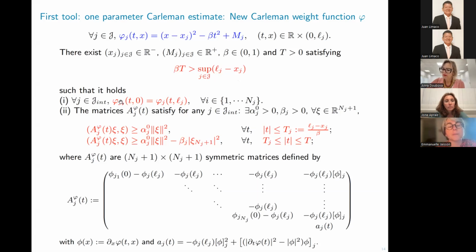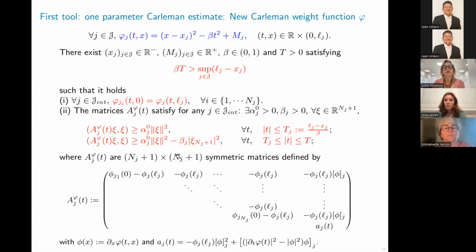And so if you impose the continuity of your weight function at the internal node, now when you look at your matrix A, in fact, you cannot find xj, beta, and mj such that this matrix is always symmetric definite positive. It will be definite positive only for time less than tj. Okay, so between tj and t, you will have this remaining term here, which has a bad sign, and you cannot get rid of it. Okay.